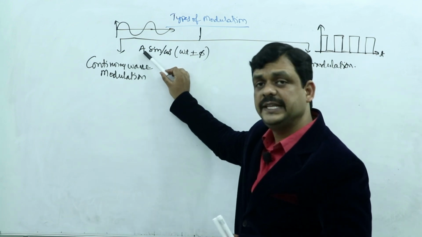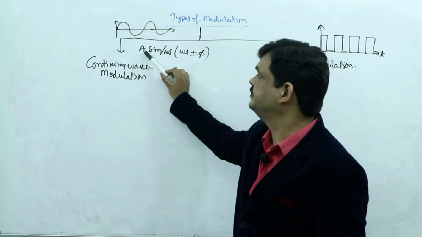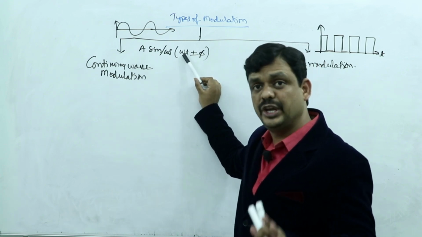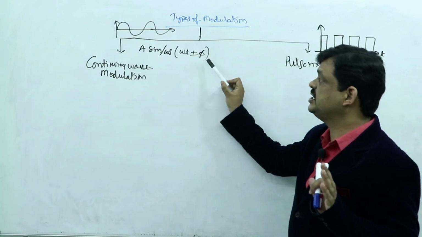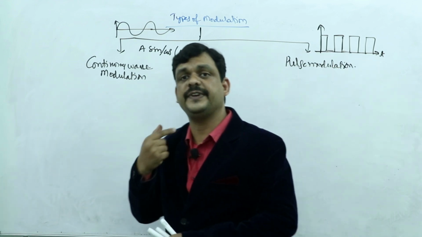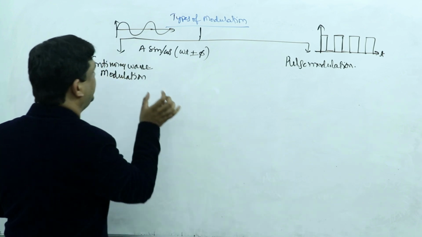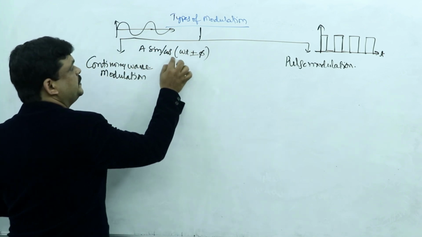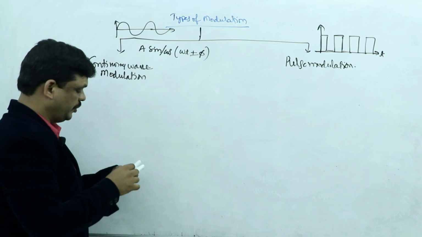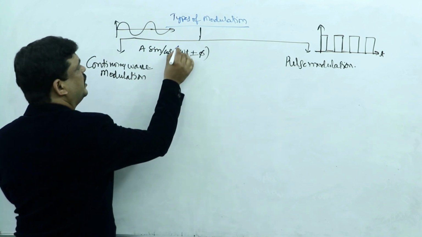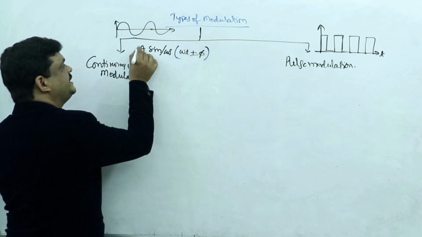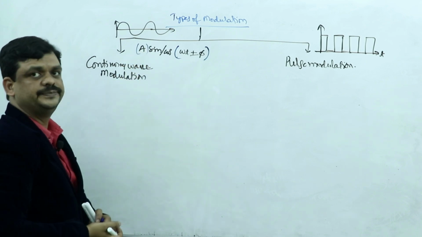Here A explains the amplitude of the sinusoidal signal, omega explains the frequency, and phi explains the phase difference of the signal. So internally two parameters are there. One parameter is the amplitude part and the other part is called the angle. This complete part is called the angle of the signal and this is called the amplitude of the signal.